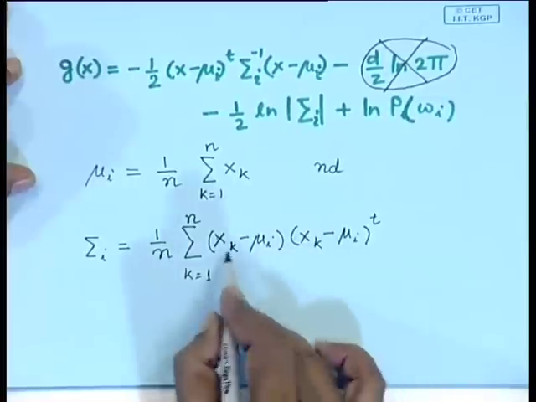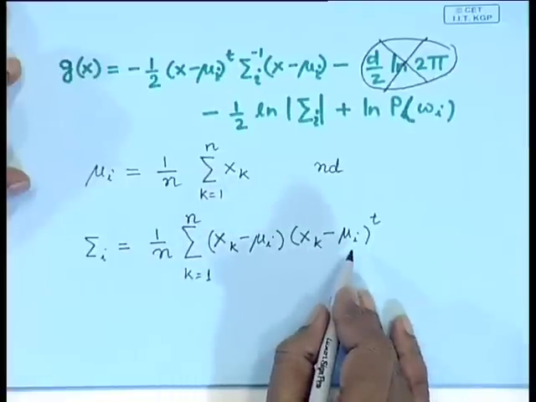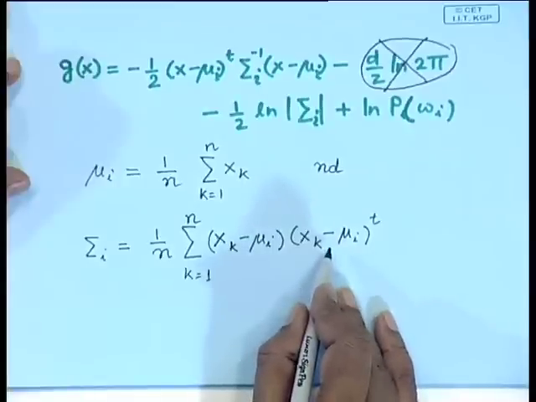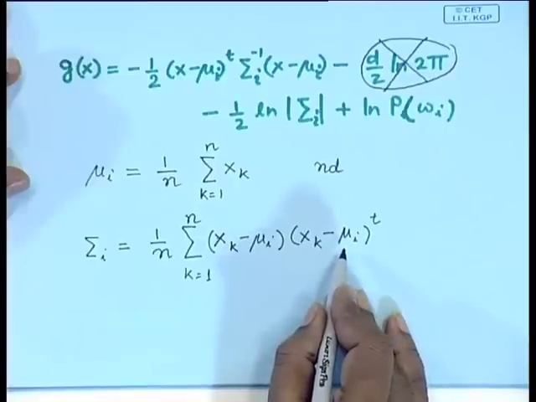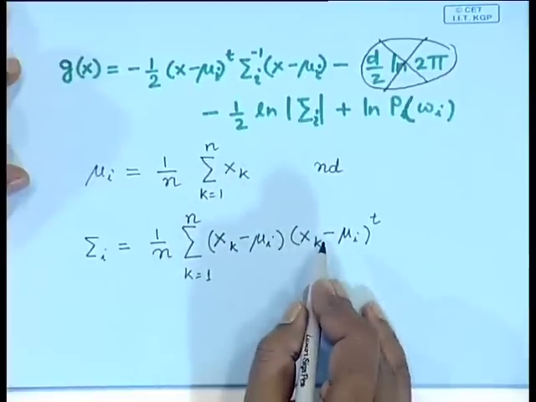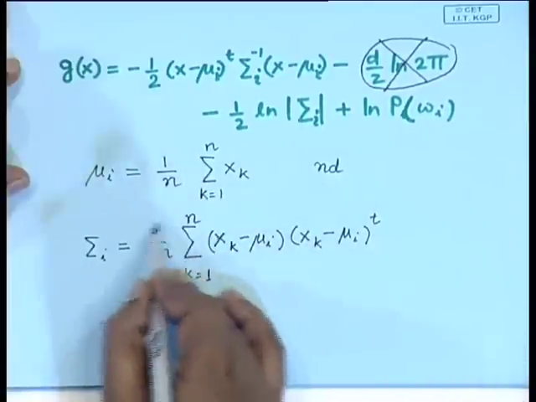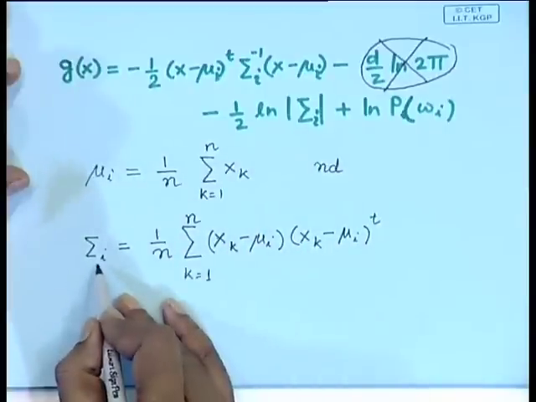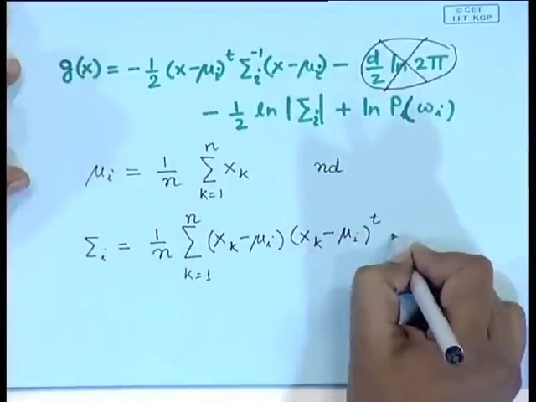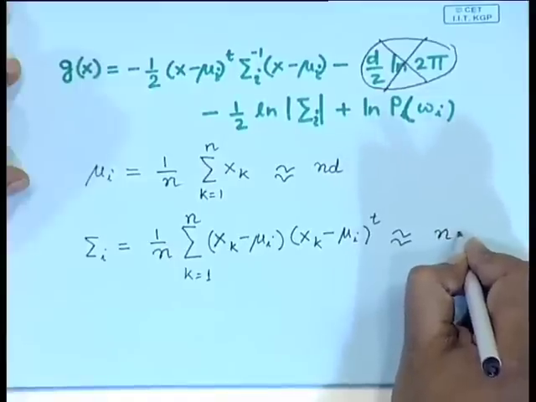This is a vector of dimension d by 1, and this is a vector of dimension 1 by d. When I compute the product, I get a matrix of dimension d by d, that is d square. Following a similar manner, the computation for sigma I is of the order of n into d square.